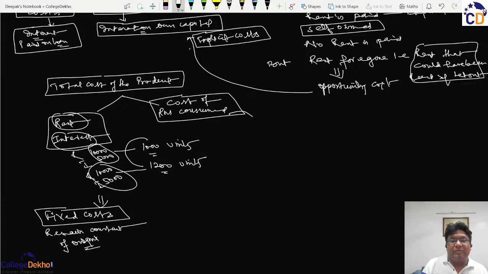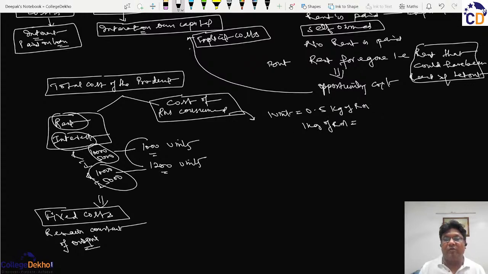But if I take an example of the raw material, presumingly that one unit requires, let's say, 0.5 kilogram of raw material, and 1 kilogram of raw material is available in the market for, say, rupees 10.